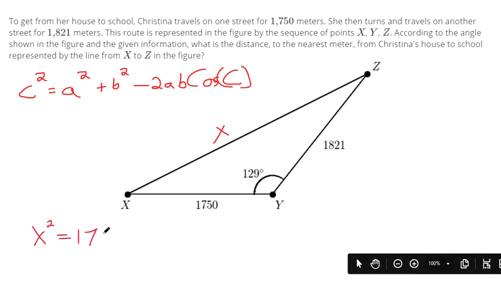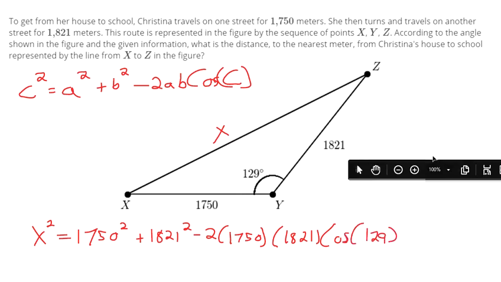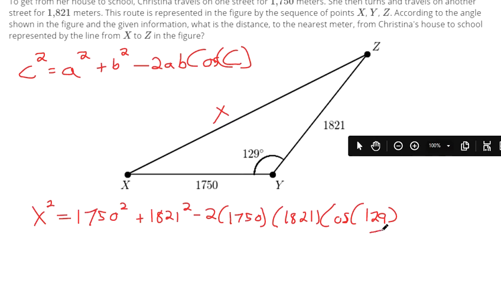Now it doesn't matter which one you call A or B, because we're adding. And then we put 129 in here, because that's the angle that corresponds to that side length.